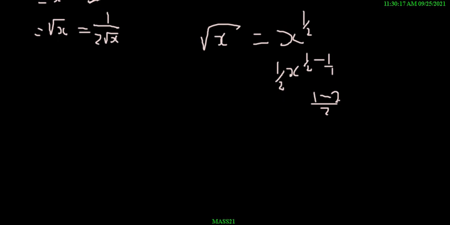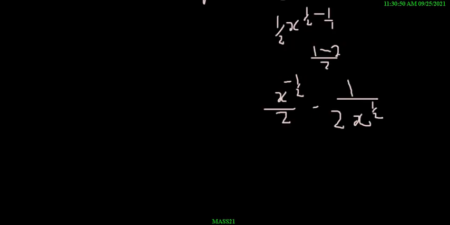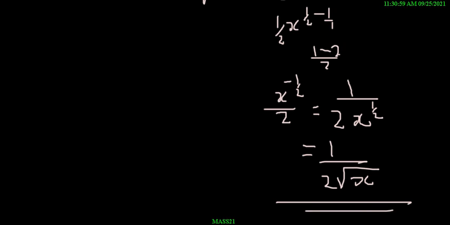So we're going to have 1 over 2 times x to the power negative 1 over 2, and to get rid of the negative, it's going to be 1 over 2 times 1 over x to the power 1 over 2, which is equal to 1 over 2 root of x, which is exactly what we found here.